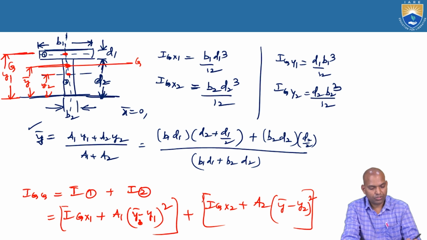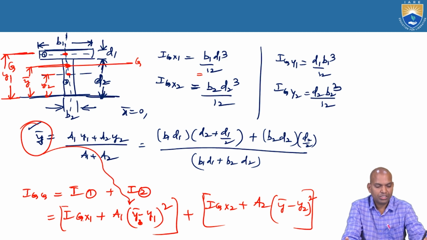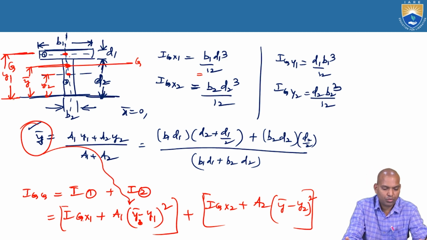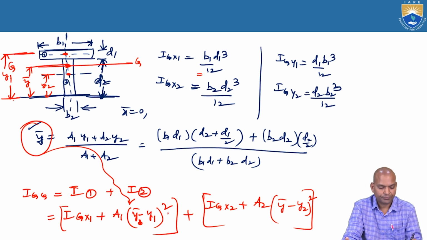Whatever here IG x1, remember this IG x1 is parallel to the x-axis. What is IG x1 here? b1 d1 cube by 12. It is parallel to the x-axis, and A1 is the area of section 1, times bar y. This bar y we have calculated, bar y minus y1, the distance from the center of section 1 to the reference axis, whole square, plus IG x2.